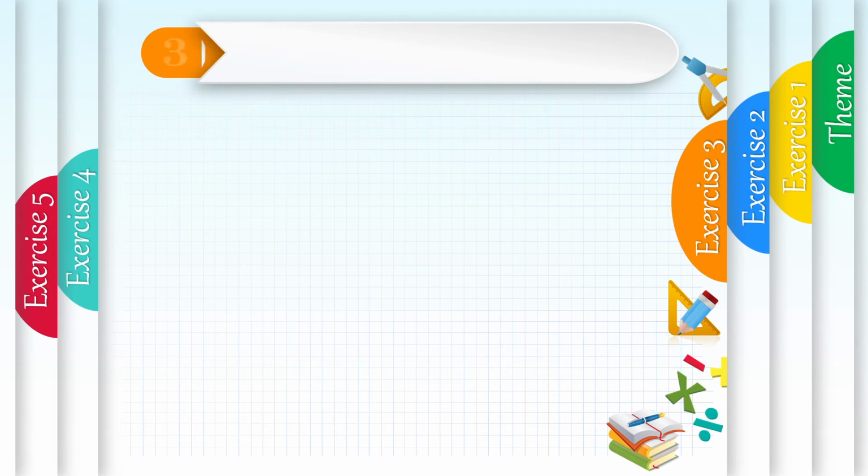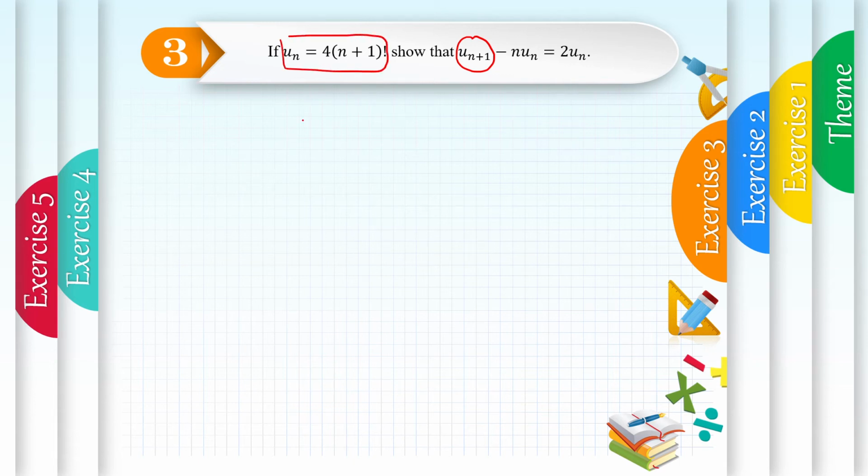And the exercise states the following. If u(n) is equal to 4 multiplied by (n+1) factorial, show that u(n+1) minus n multiplied by u(n) is equal to 2u(n). So the idea is the same as in the previous exercise, because we have here u(n+1). From the formula of u(n), we will deduce the formula for u(n+1).